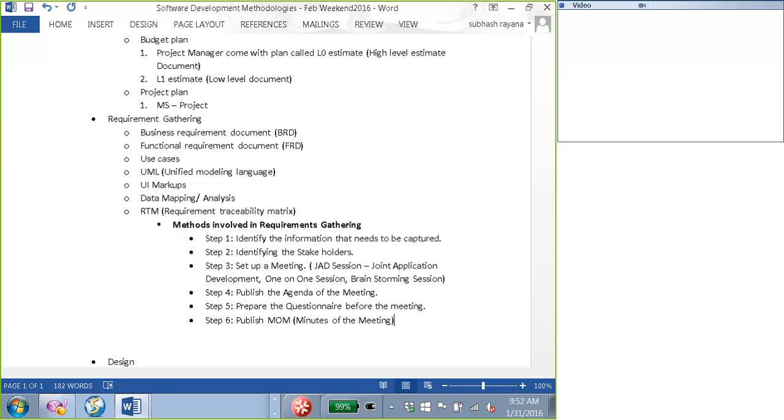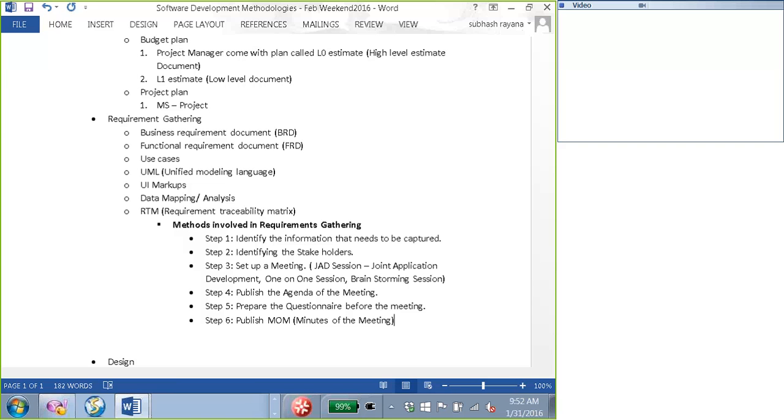For instance, if you had a question for one of the stakeholders, and he says, I don't have an answer, I'll get back to you in 2 days, the takeaway for the stakeholder is to come back with the answer, and you also have to record the due date. So stakeholder John has to come back with this answer, and this is the due date.